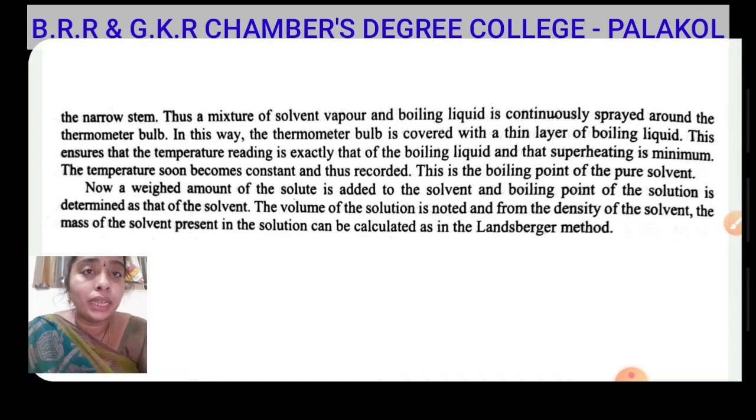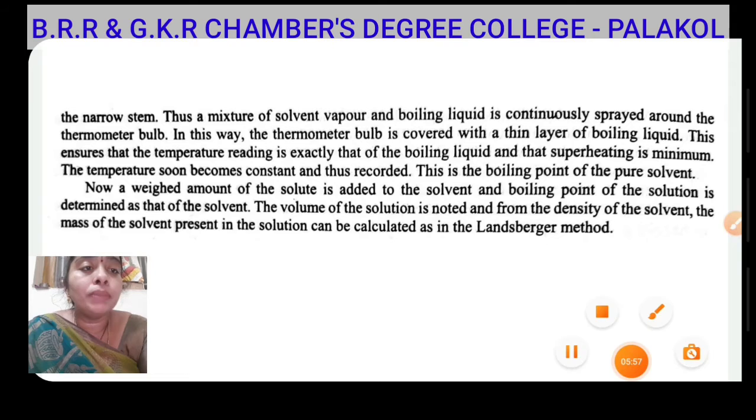Again the boiling tube is heated, the solution turns to vapor, and the condenser cools the vapors, which are converted to liquid solution and go back to the graduated boiling tube. At that point, the boiling point of the solution is noted. The volume of the solution is noted, and from the density of the solvent, the mass of the solvent present in the solution can be calculated.